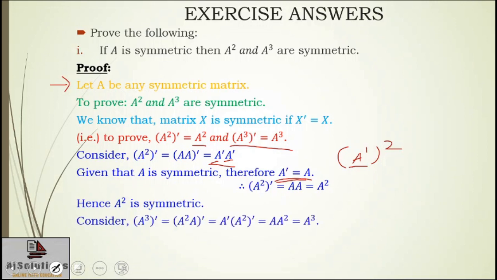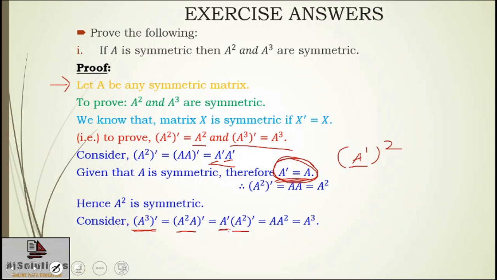So consider the LHS, here is your LHS, and after that use power of matrix. So A cube is your A square into A, and after that, using property number 4 of transpose, you will get A transpose into transpose of A square, and after that you will use this value of A transpose over here.